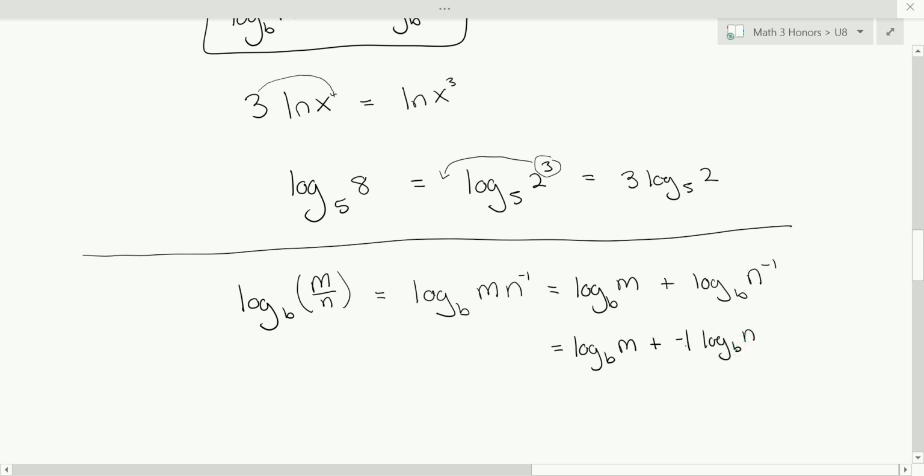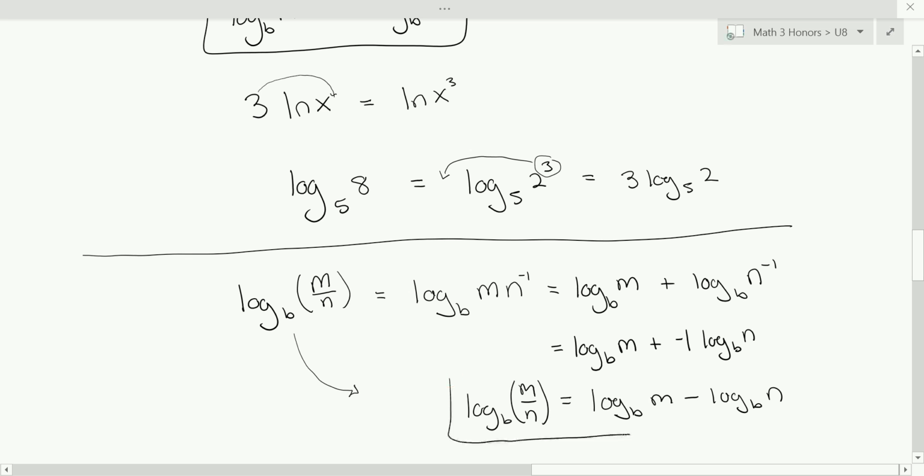And plus a negative 1, that's the same thing as log base b of m minus log base b of n. So I'm going to just rewrite this here. So we see the final result that the log base b of m over n, when you're dividing, you're really subtracting. And that's called the quotient property.